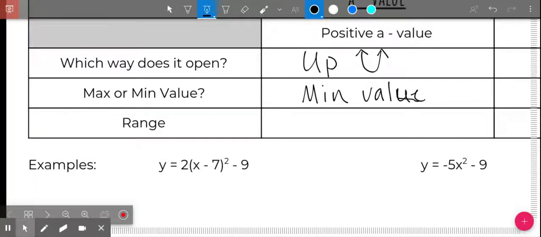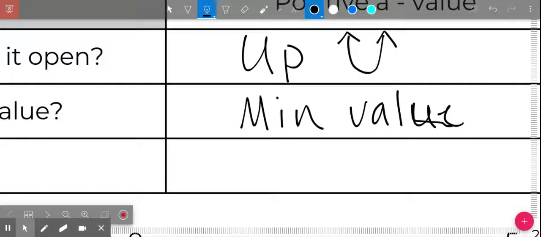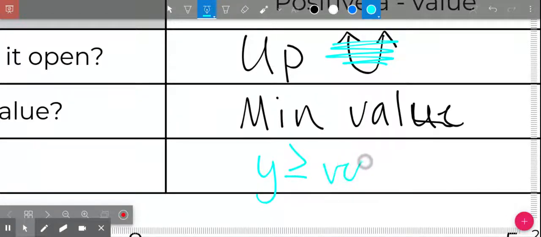And the last thing we know from the a value is we can find part of the range. Since my graph opens up, notice how the graph is above the vertex. So my range will always be y is greater than or equal to my vertex. That's a quick way to remember which way my sign goes.